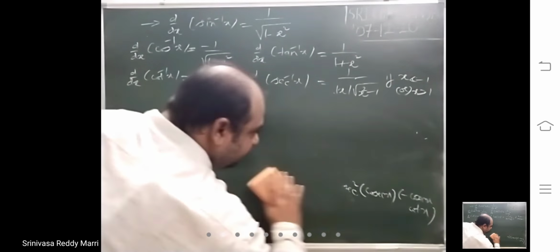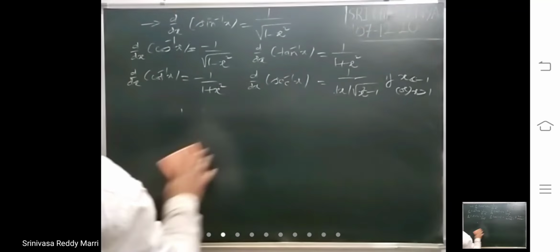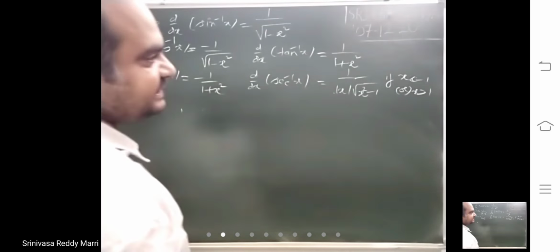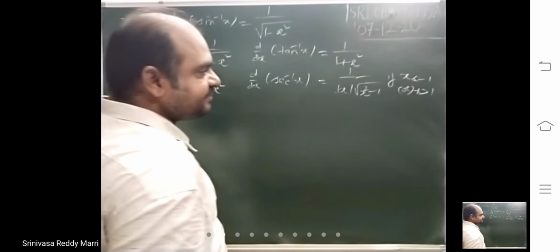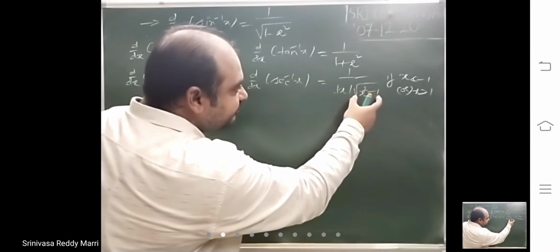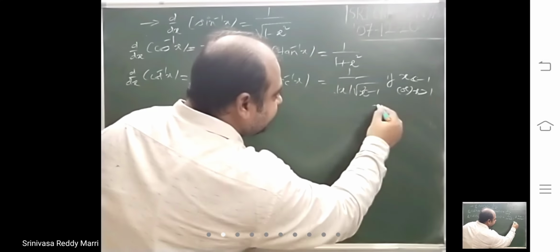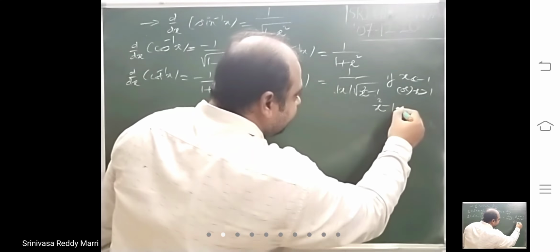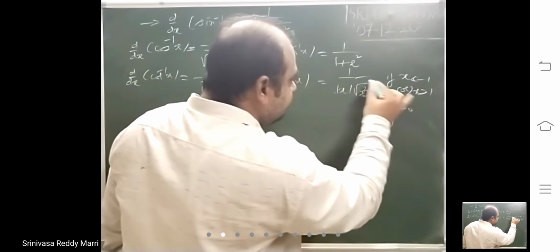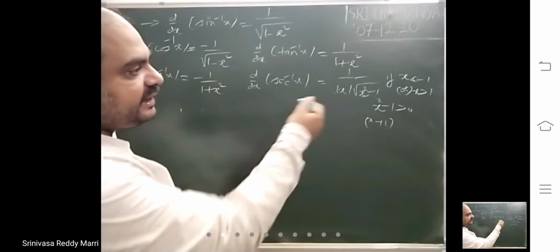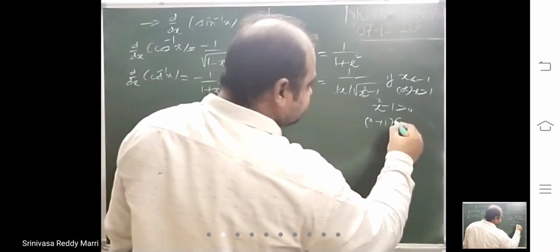For the derivative to be defined, x must be in the interval x less than minus 1 or x greater than 1. Why it is written like this: the derivative will be defined only when x square minus 1 is greater than 0. If the term under the root becomes negative, the derivative will not be defined. That means this must be positive.